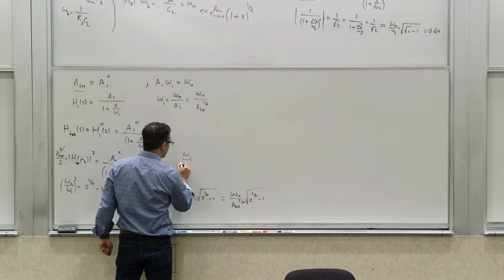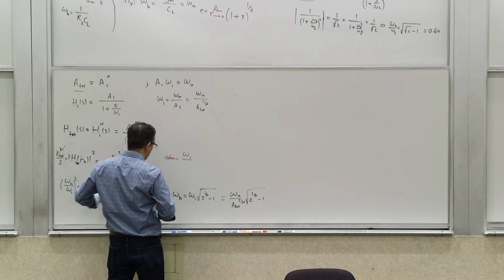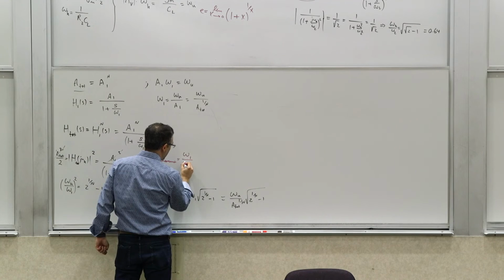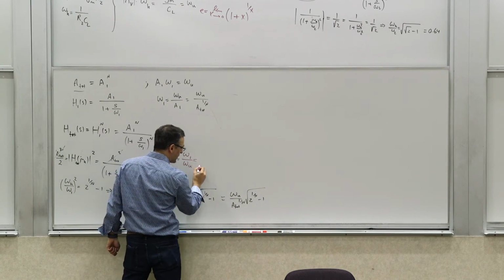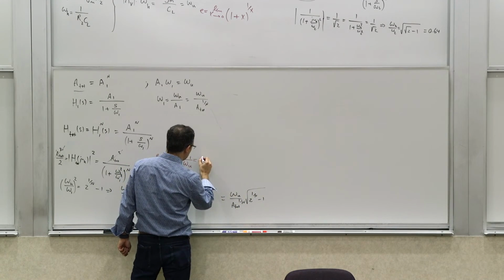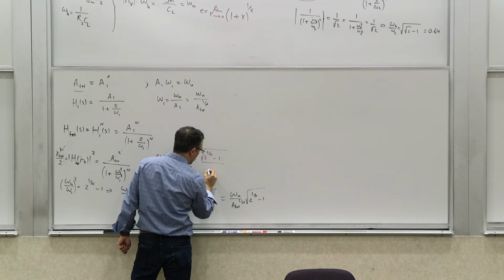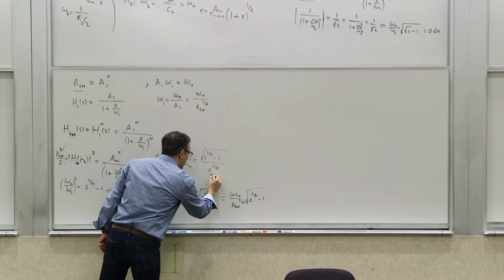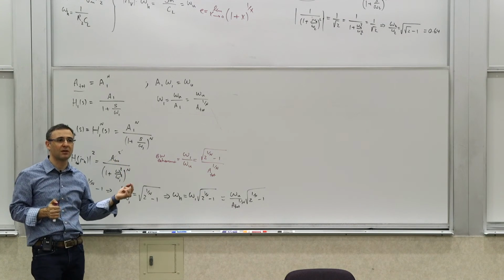This is the bandwidth enhancement, which is the ratio of omega_H over omega_u, and it is going to be the square root of 2 to the power of 1 over n, minus 1, divided by A_total to the power of 1 over n. So for a given gain, this is the enhancement you get for a given number of stages.